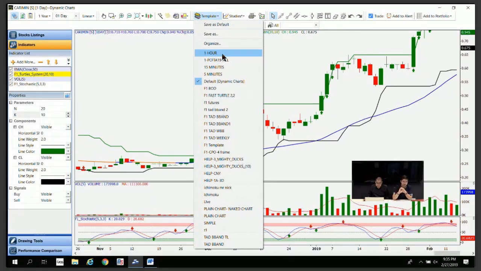The F1 TAD is the way to buy on breakout. You can see the F1 stochastic and the F1 fast turtle. This is the buy on dip strategy. Then there's also another one that you have, the F1 fast turtle plus sensitive. This is where the stochastic is 5-3-3. For the F1 fast turtle, it's 14-3-3.